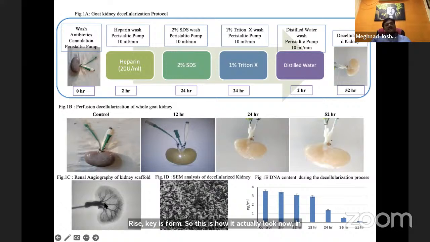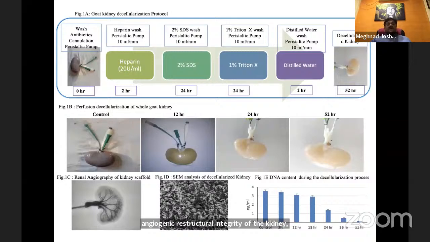Now, in simple words, we need to check that there is complete structural integrity of the kidney, because we want to recellularize it with different cells.